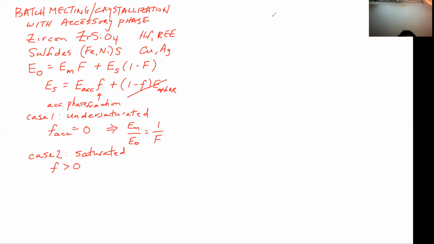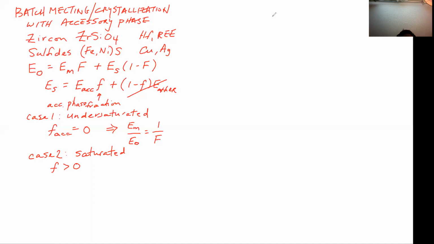When a sulfide phase is saturated, the concentration of that essential structural element, like sulfur, in the melt is only controlled by the solubility.